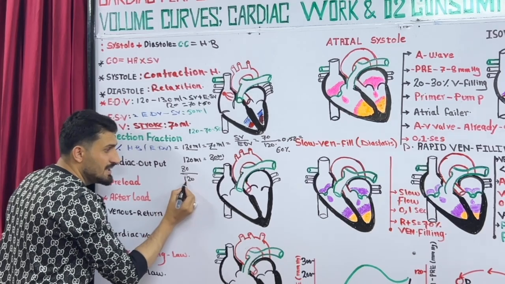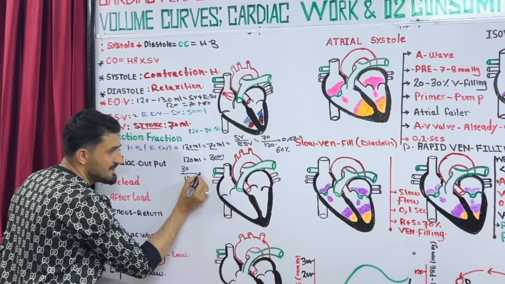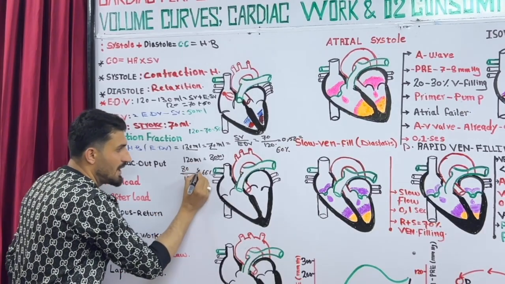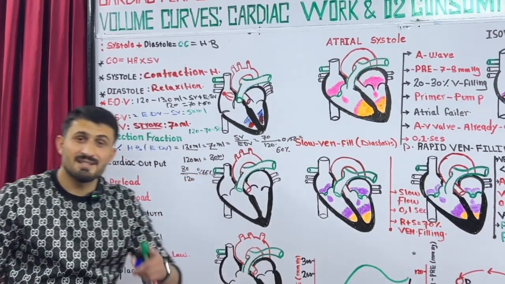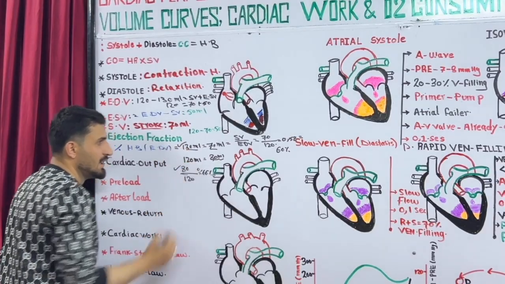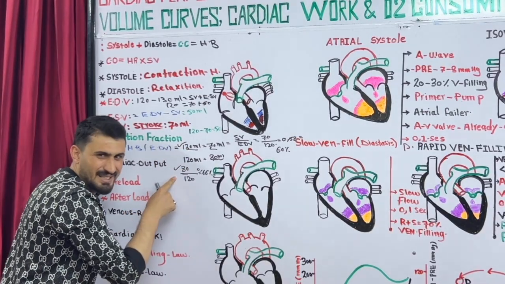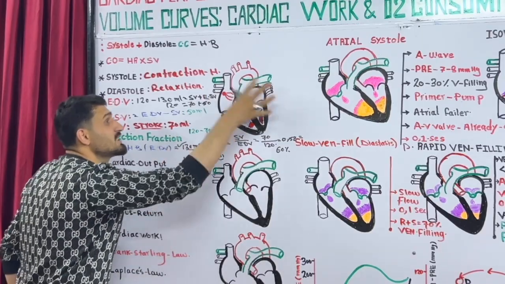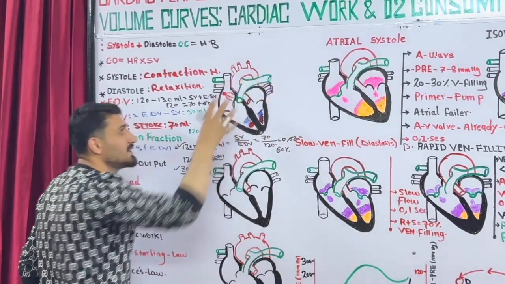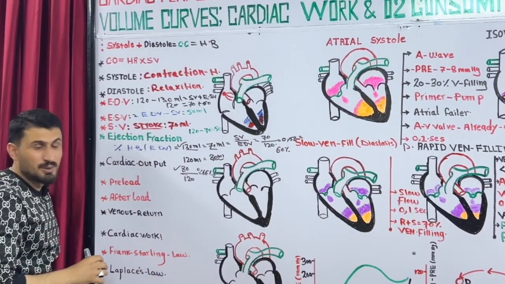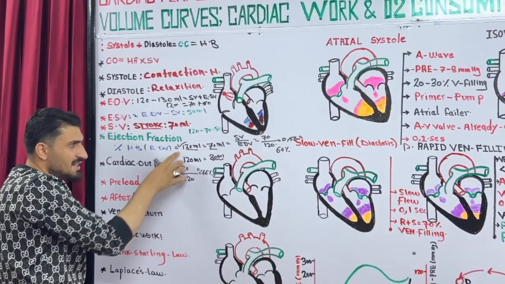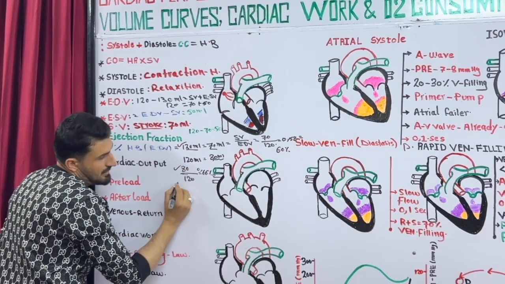So 80 divided by 120 is equal to 0.66, which is equal to 66%. Now tell me which heart is working well. This one is very good because it ejects 66% of blood in one beat. It gives me very good cardiac output. I'll talk about cardiac output. So this heart is very good, excellent.